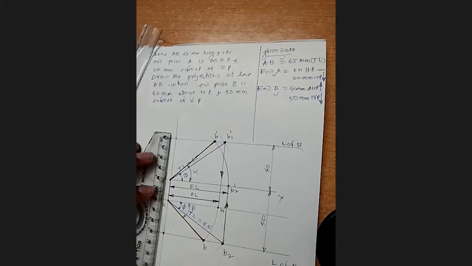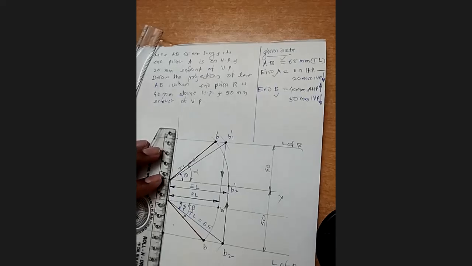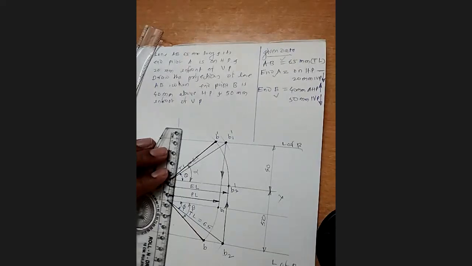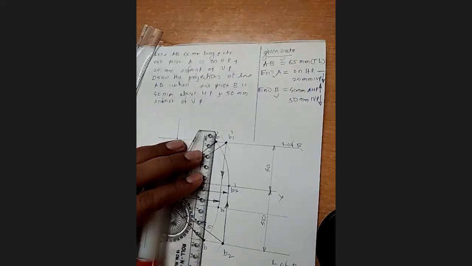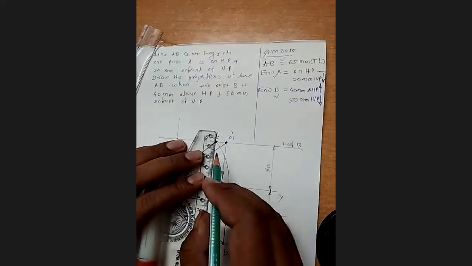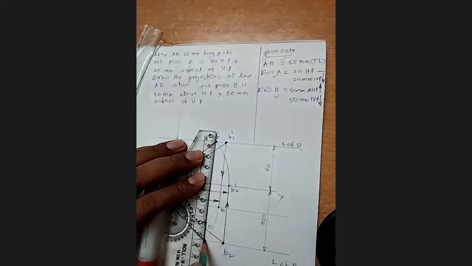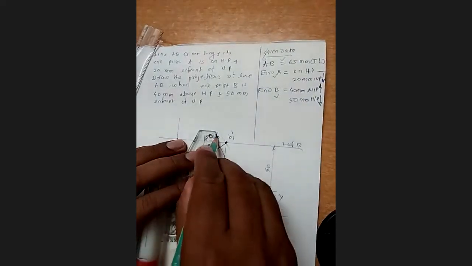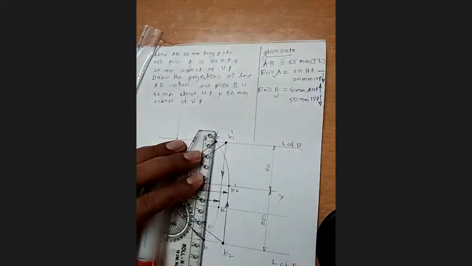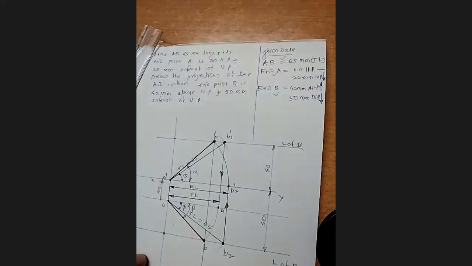Now you can cross check whether your answer is right or wrong. Keep this line matching with this vertical line and move it further, and if you get B dash and B on a single line, it means your procedure and your answer are correct. This is the indicator of your answer. Okay, and draw one line and it will give the end projector distance.